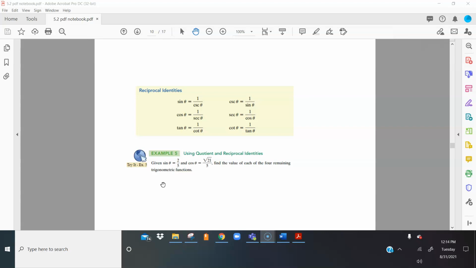So here's example 5, and it says using the quotient and the reciprocal identities. You will be very familiar with the reciprocal identities before chapter 5 is finished. They are used so many times they become second nature.